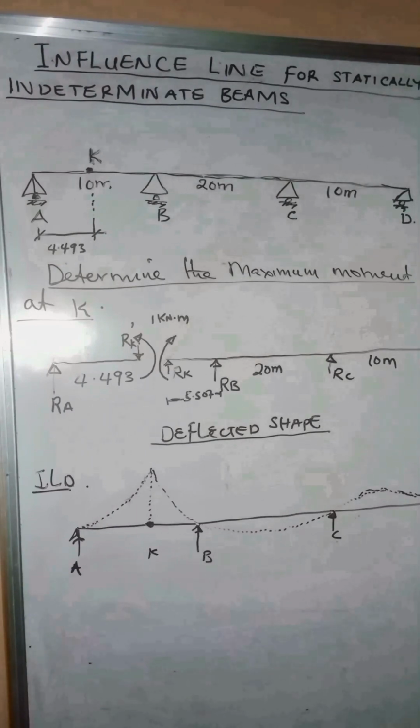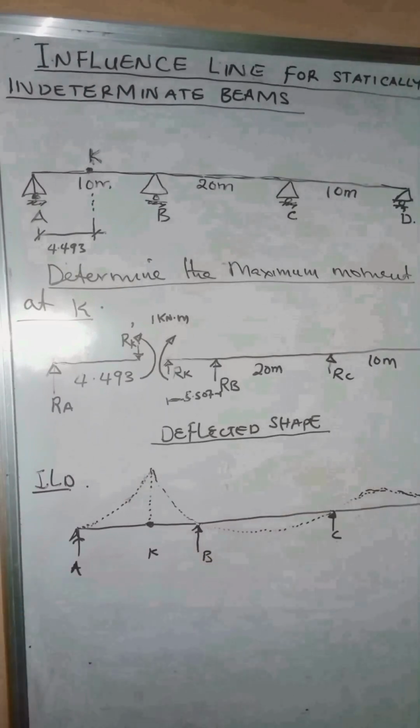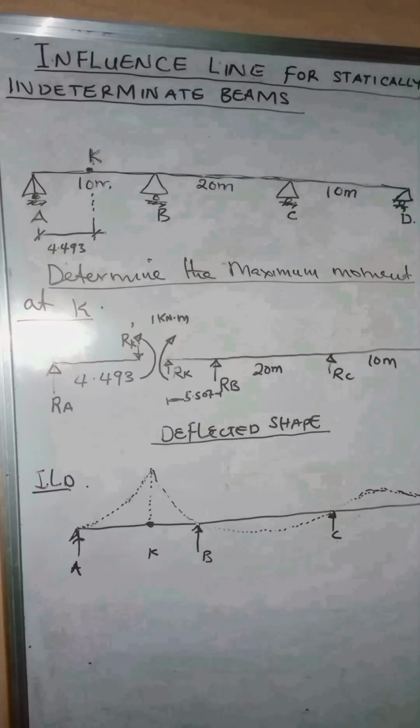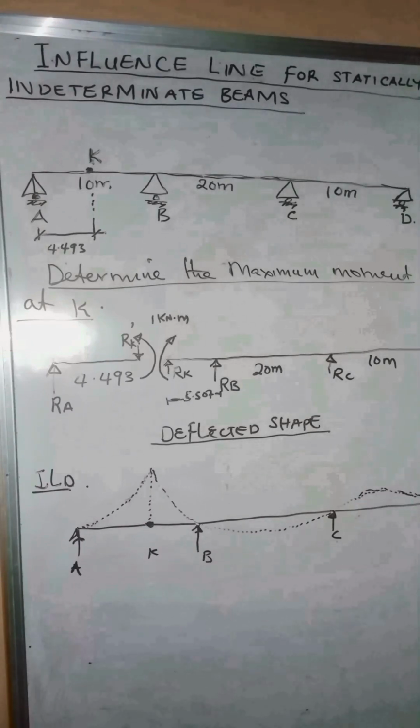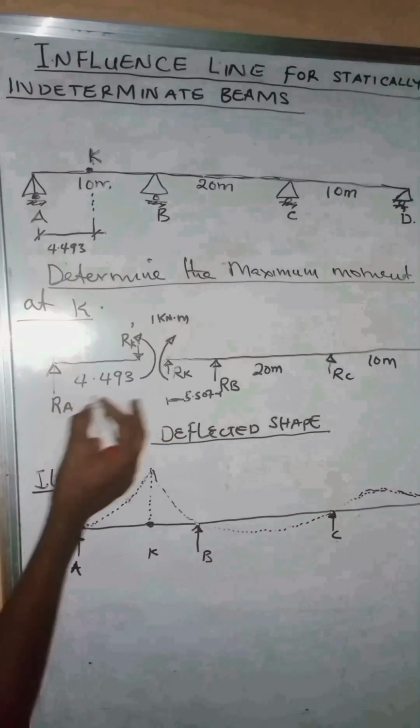Once we are able to get the deflection at point K, we will divide that expression by the slope at point K. That will give us an expression for the influence line diagram at point K. So now we are going to go into that. Let's do it and see what we can do.